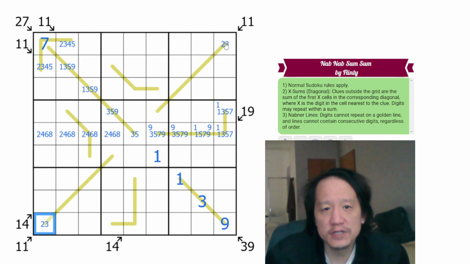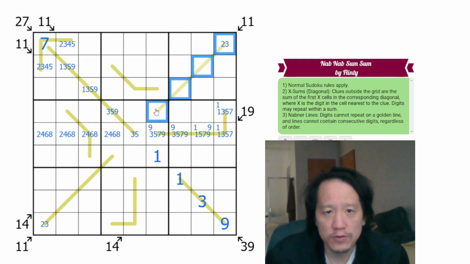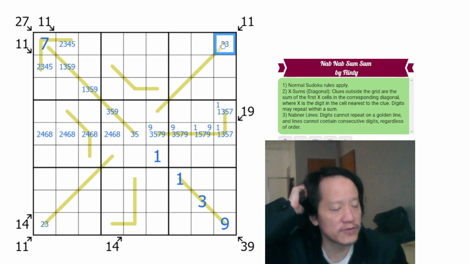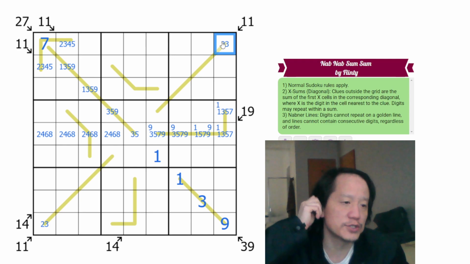I mean, because basically, if it's 4 along the line or 5 along the line, the minimum you can have with 4 is 1, 4. Because of the Nabner line properties, you can't have repeats and you can't have consecutive numbers. So 4 eliminates 3 and 5 from being on the line. You can only have one of 1 or 2 because you can't have both.